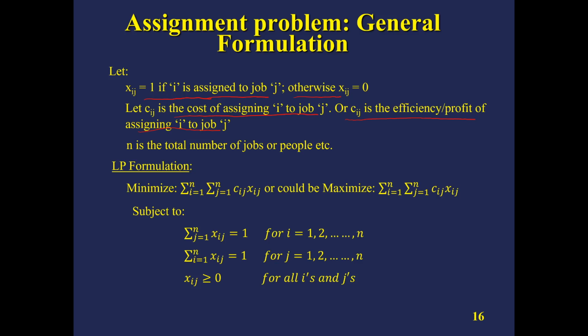So the formulation is that we minimize the sum over i equals 1 to n and j equals 1 to n of Cij xij, if it is a minimization problem, or maximize this if it is a maximization problem. And subject to, these are the constraints here.